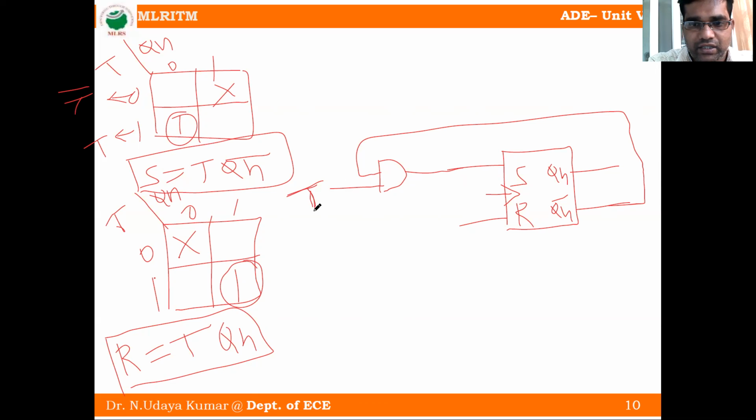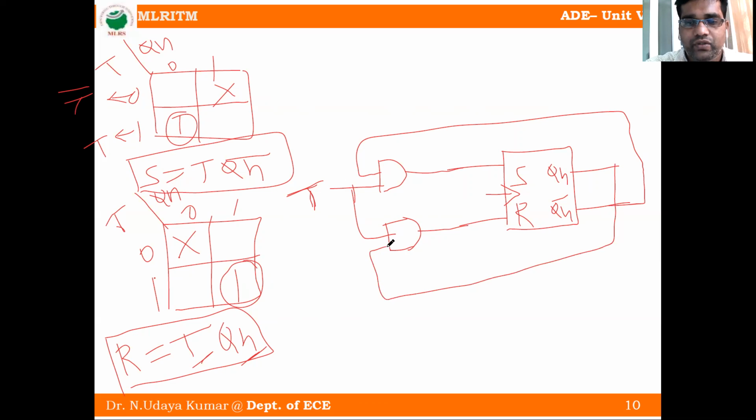Then R. This is one AND gate. R is equal to T and Qn, so the same T is given here, and Qn is given.